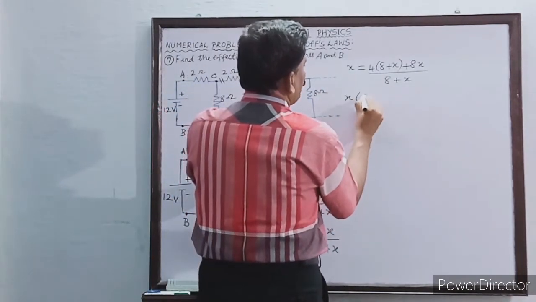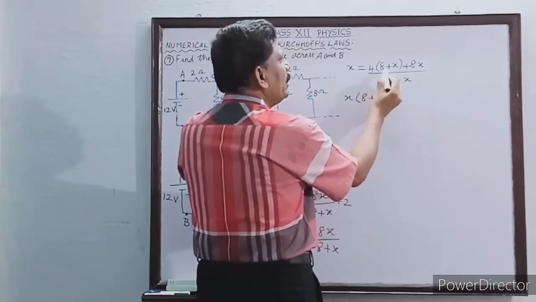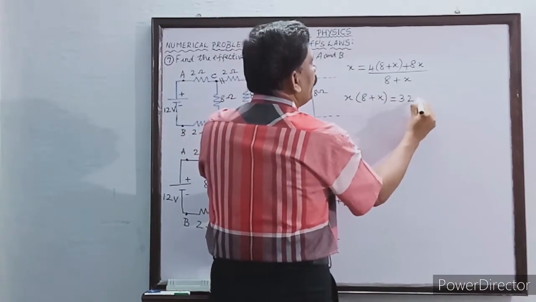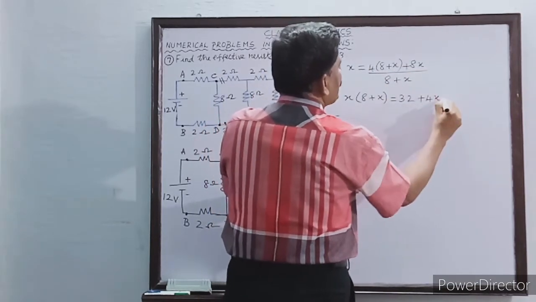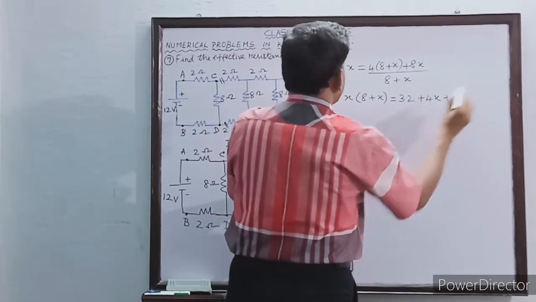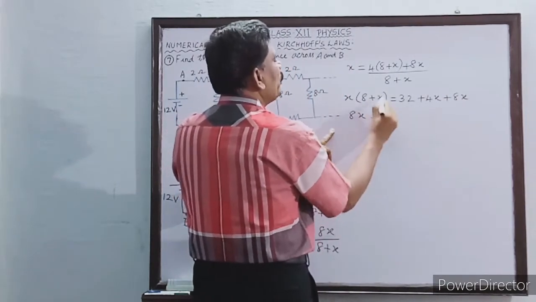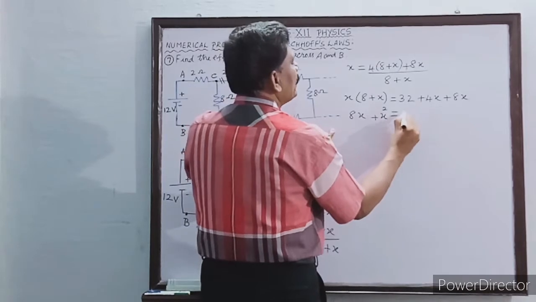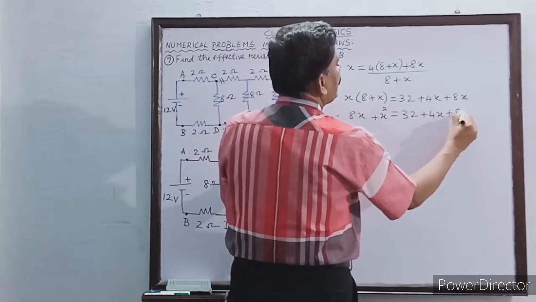So x into 8 plus x is equal to 4 into 8 is what? 32 plus 4 into x is what? 4x plus 8x. Okay, plus 8x. So x into 8 is 8x plus x into x is what? X square. This is equal to 32 plus 4x plus 8x.